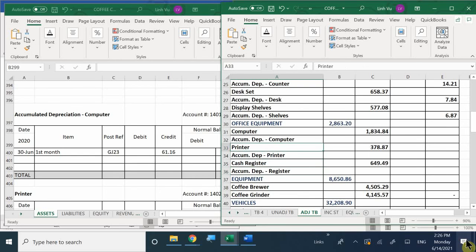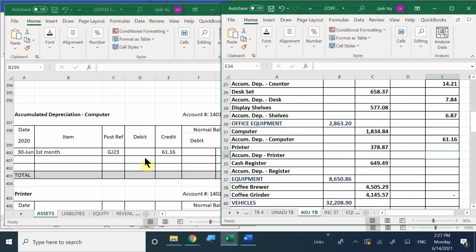Okay. So once again, the computer is still at 1834.84, but now we have a depreciation which we calculated to be $61.16. Okay. Can you give me a second to type up the?